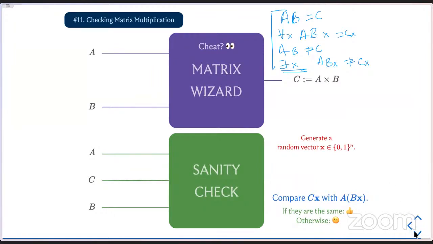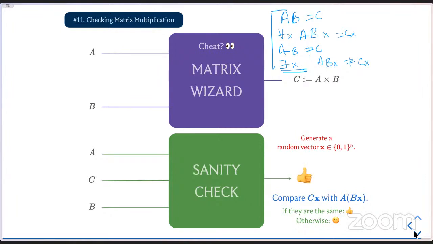So if the matrix wizard is cheating and C is potentially not equal to A times B, maybe not all the time, but there are some failures, let's say that we are in the situation where C is not equal to A times B. The question is, will our sanity check algorithm certainly catch it? Here I claim that we could have an issue.